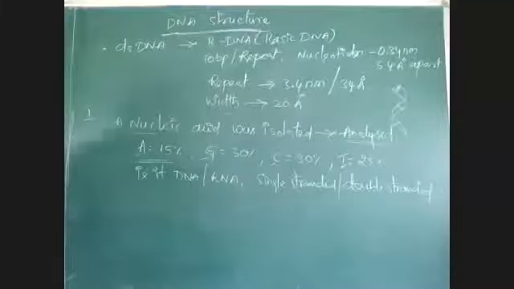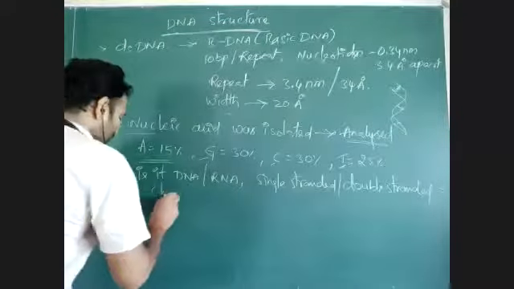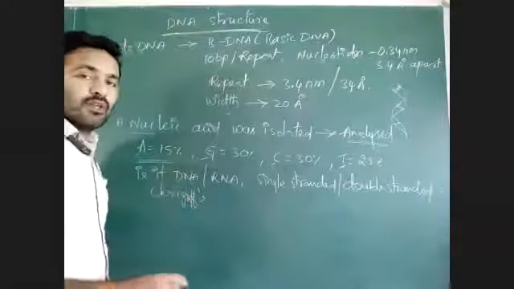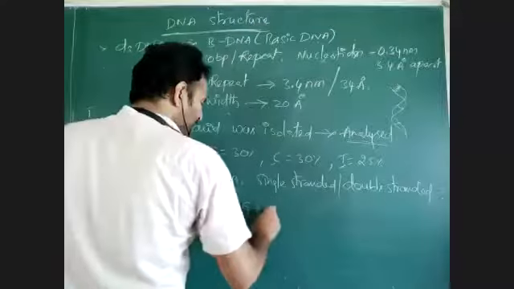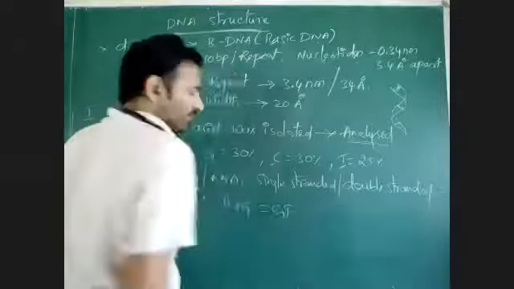How? We need to apply the Chargaff rule to find it. What is the Chargaff rule? According to the Chargaff rule, A plus G is equal to C plus T.